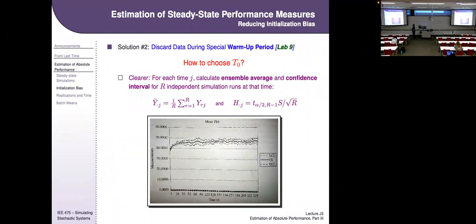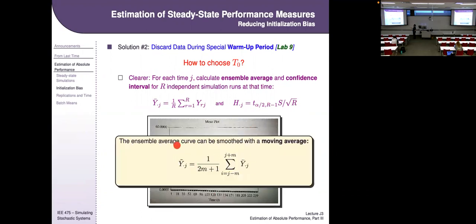And so this ensemble average curve can be further smoothed out with a smoothing window. Basically this is saying that every point of the ensemble average curve, I take it and I take 2m plus 1 of the points before it, and average all those things together. That's like a boxcar that's just moving like a train down the tracks, averaging everything under the boxcar.